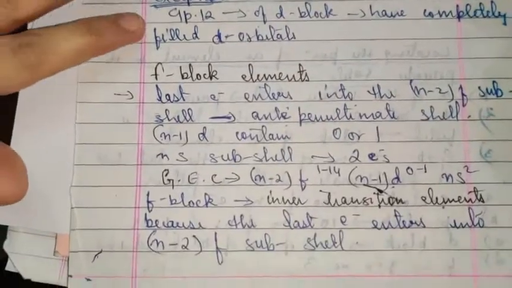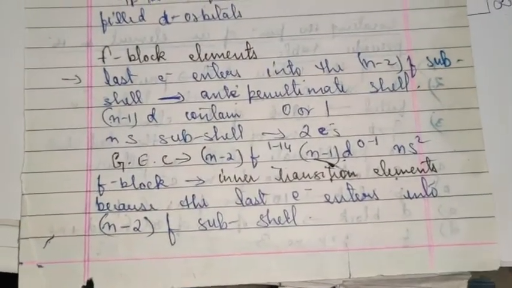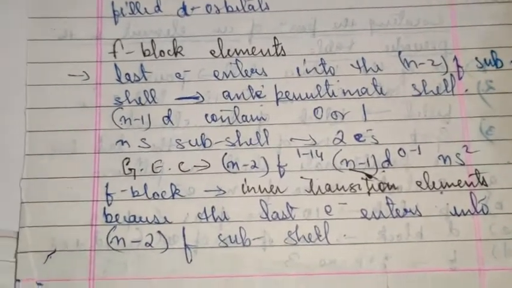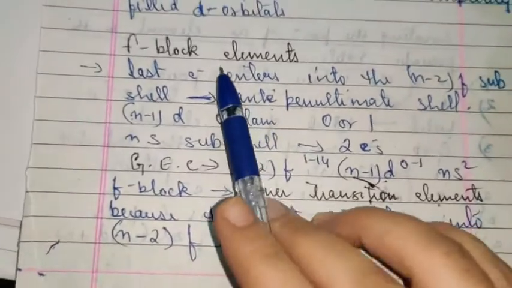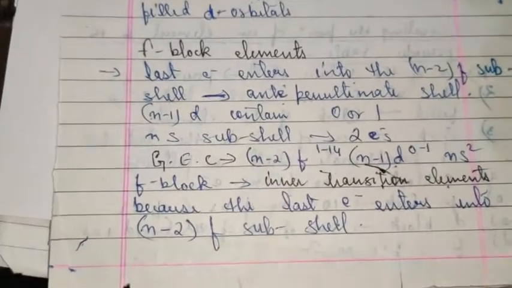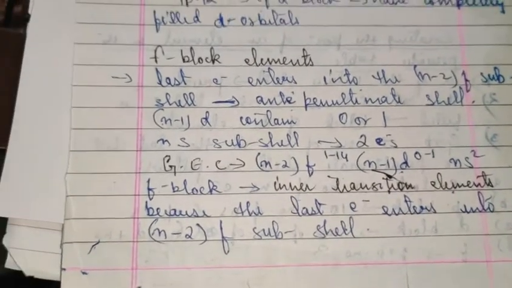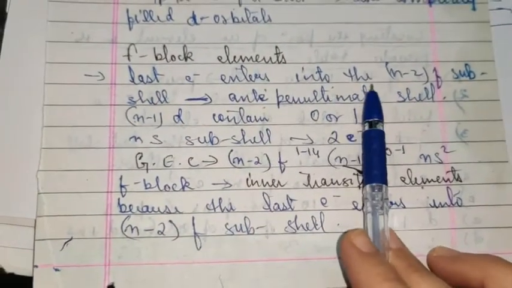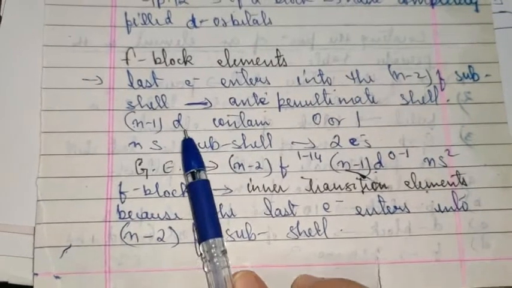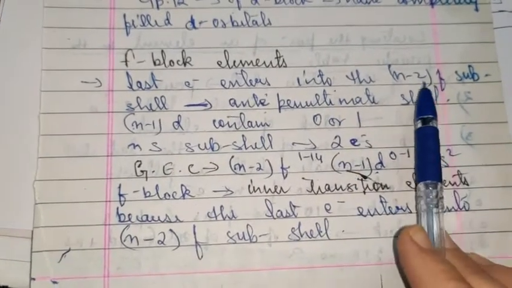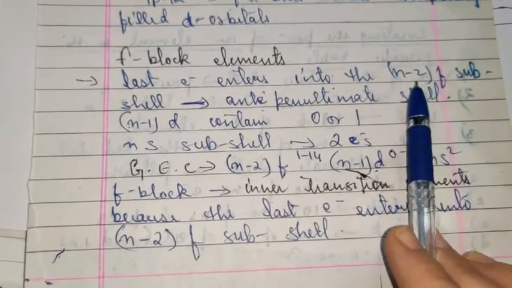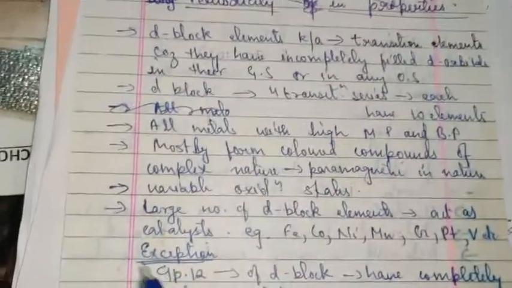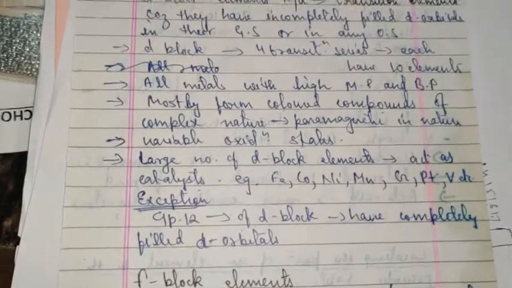Now coming to the last block, which is the f block elements. You have to study very little about the f block because you will be doing this f block element in class 12, also the d block. In this case, the last electron enters the n-2 f subshell, that is, the third last subshell. A very important point to understand here: in the d block, the last electron enters the second last shell.